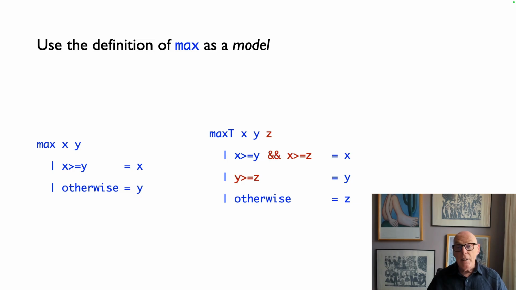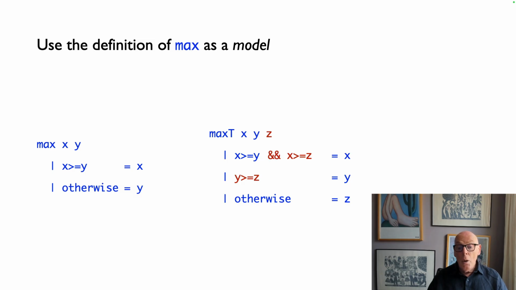It's that x is bigger than or equal y and x is bigger than or equal z. So that makes sure that x is bigger than or equal the other 2. And so the answer there is x. And then I have to think, what if the answer isn't x? We know if x isn't the biggest, then it's going to be y or it's going to be z.